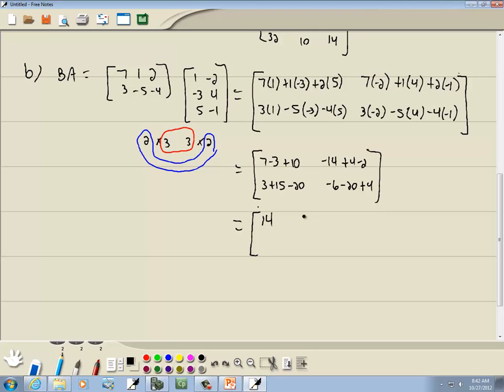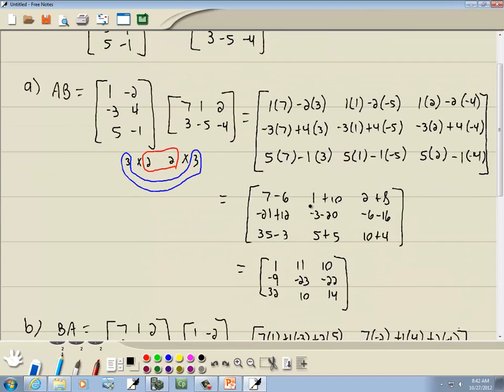That's negative 10, negative 12. 18 minus 20 is negative 2. Negative 26, negative 22. That'd be your answer. Assuming I did all my multiplication right.